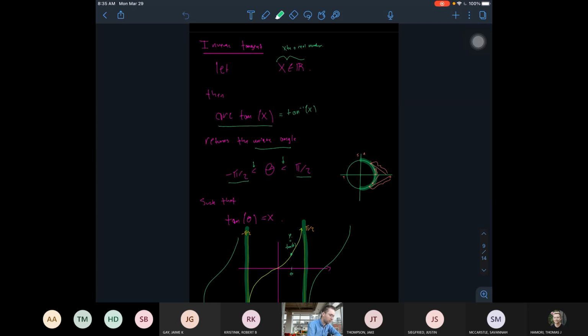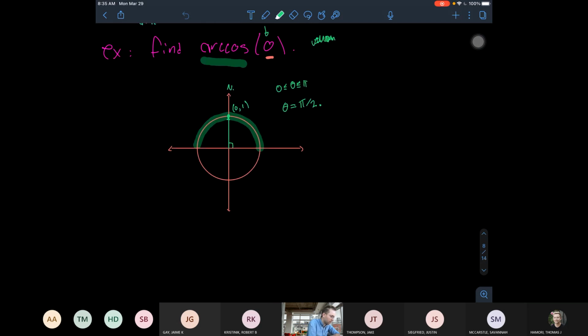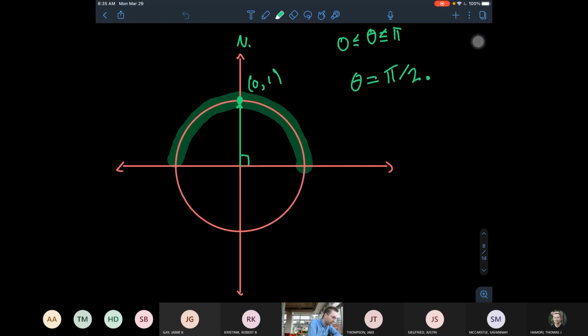Okay, so just to remind everyone about the game that we're playing with this inverse stuff. Before, trigonometry for us was, given an angle theta, can you tell me the properties of the point on the unit circle which corresponds to that angle theta? And now, instead, we're going to be given a point on the unit circle, or even just one coordinate of the point, like the y-coordinate maybe.